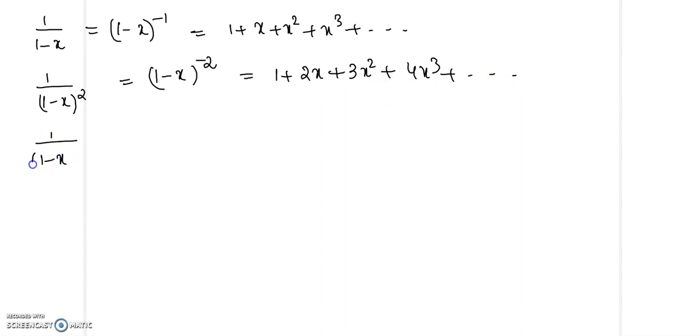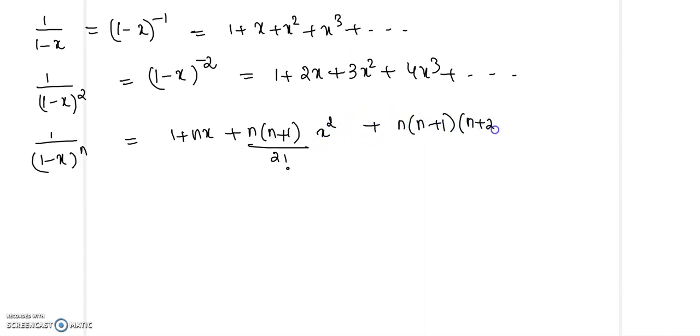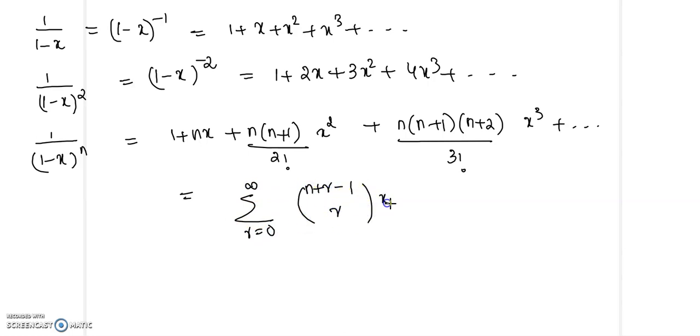And 1 by 1 minus x whole power n has the expansion 1 plus nx plus n into n plus 1 by 2 factorial x square, then n into n plus 1 into n plus 2 by 3 factorial x cube plus etc. So that is equal to summation r equal to 0 to infinity n plus r minus 1 C r x raised to r, for each n belongs to N. So these are a few results using the generalized binomial expansion.